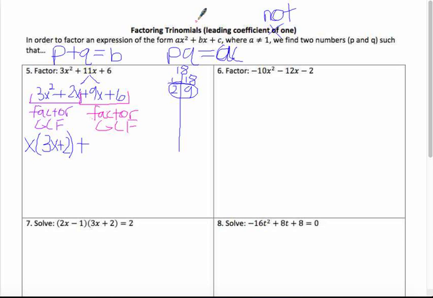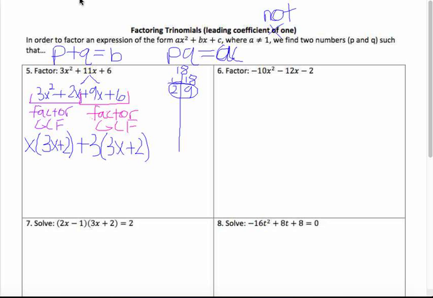So I can factor a 3 out of that pair of terms. And when I do, I get 3 times, so 3 times 3x would give me 9x, and 3 times 2 would give me 6. So right now we have x times 3x plus 2 plus 3 times 3x plus 2.